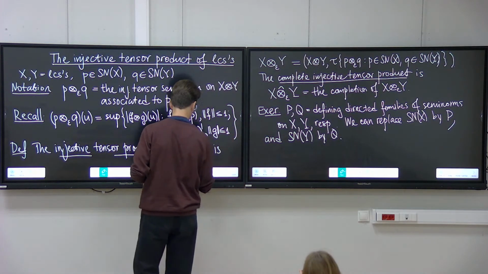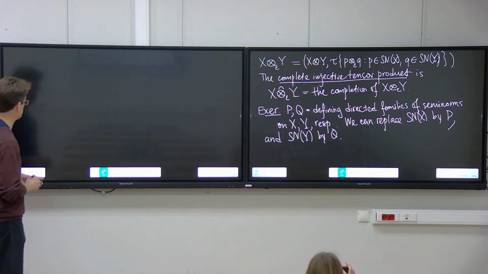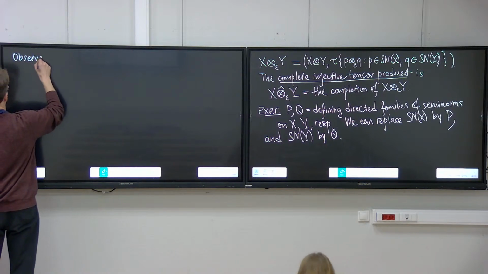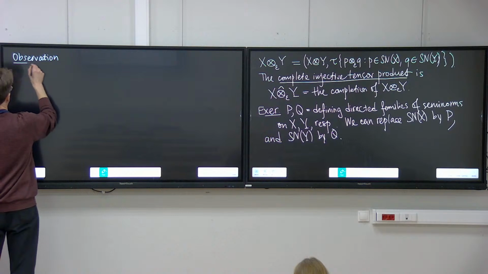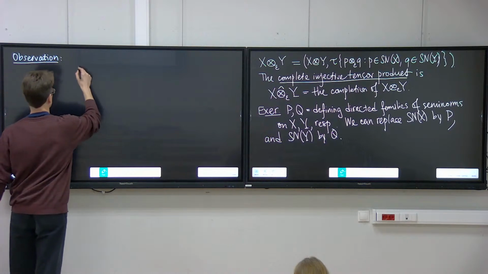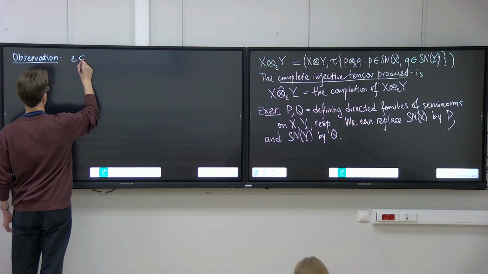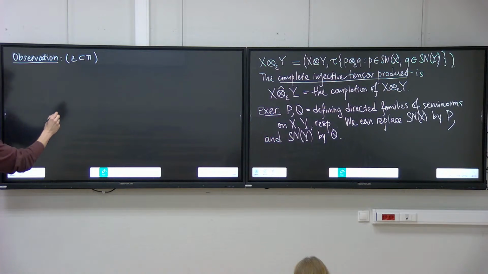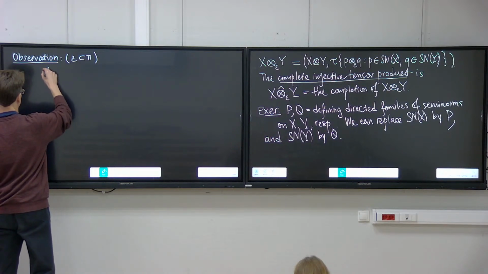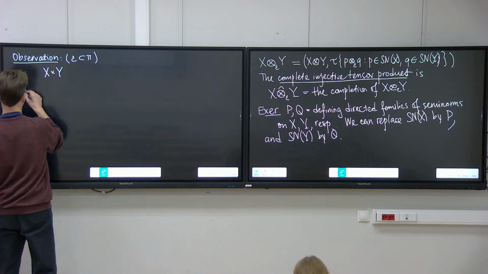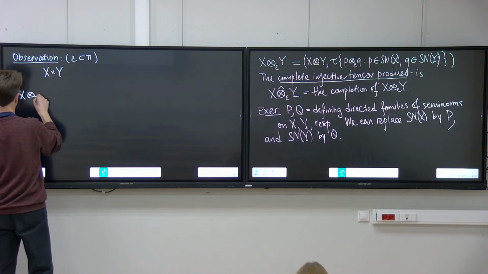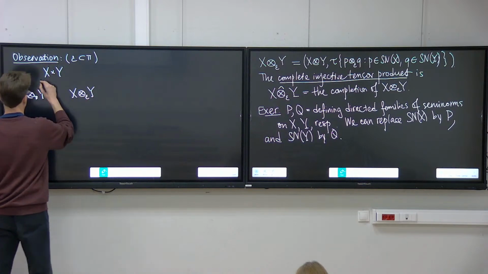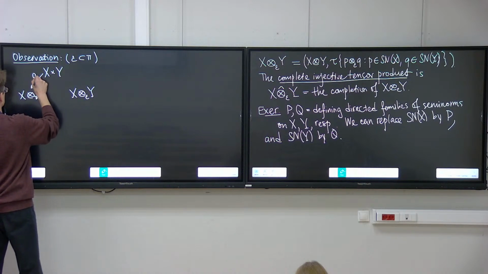Okay, let's now compare the injective tensor product with the projective tensor product. A little observation: roughly, we will observe that the injective tensor topology is weaker than the projective tensor topology. More exactly, I mean the following. So let's draw the following picture. We have the projective tensor product here, and the injective tensor product of X and Y. Here we have the canonical maps theta.